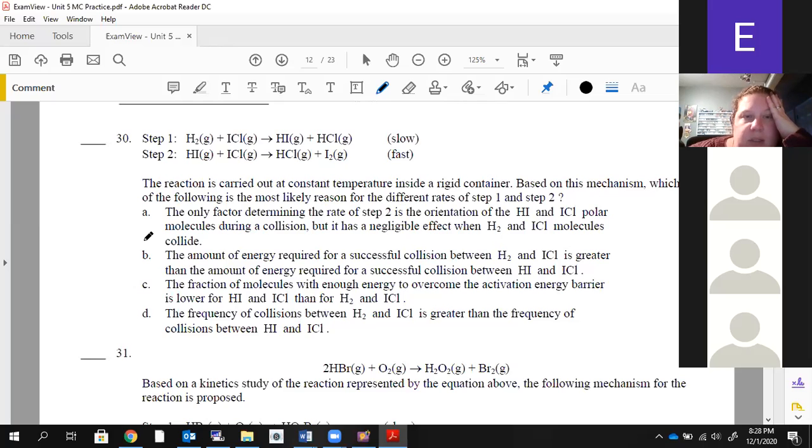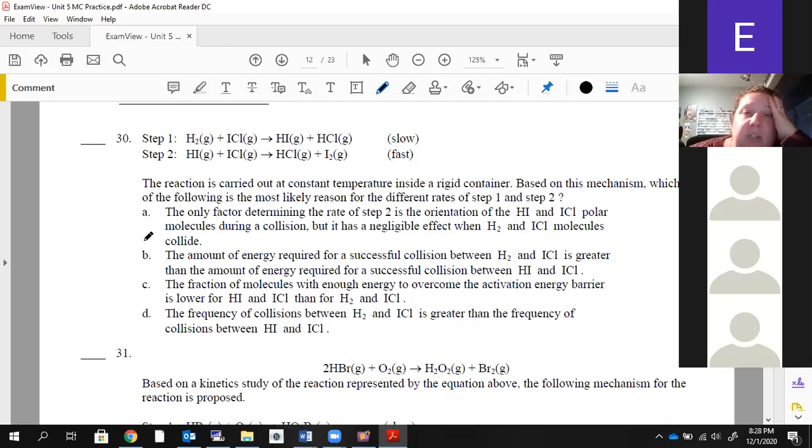So step 1 is the slower step. So something about that must be more difficult or require more energy than step 2. So it must be B. The only thing that's going to make reactions be either faster or slower than each other is that whole thing about collision theory, right?